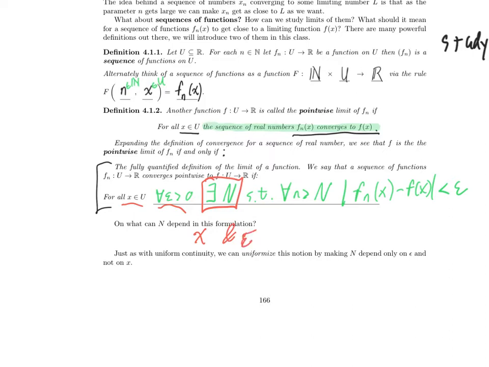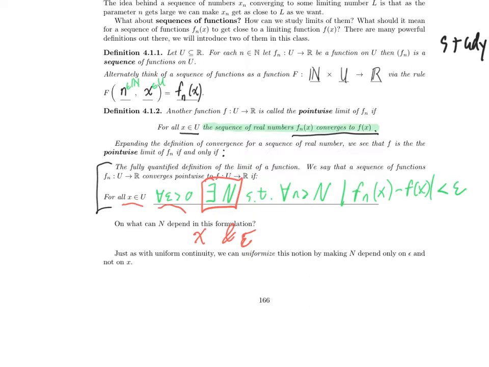So the reason I'm saying things this way is because this should give you memories of the definition of uniform convergence. So the idea of not uniform convergence, uniform continuity.